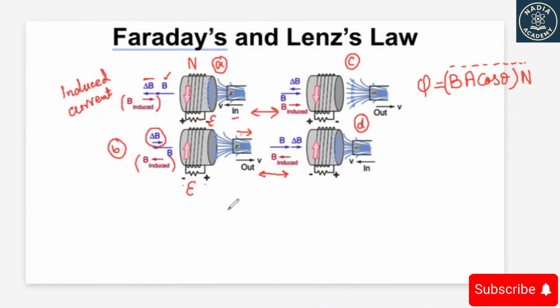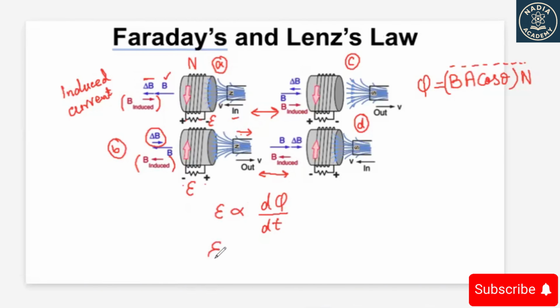So, according to Faraday's law, this induced EMF is directly proportional to the rate of change of flux linkage, like this. So, epsilon is equal to d phi over dt. This is the first order derivative of flux linkage.